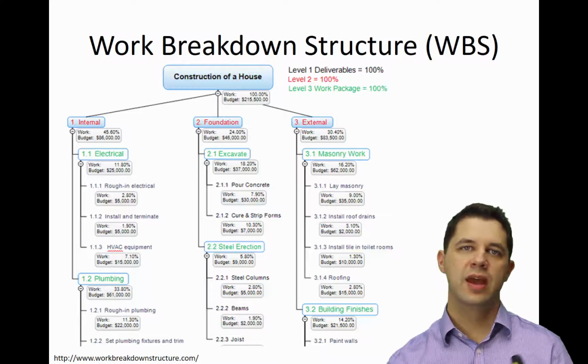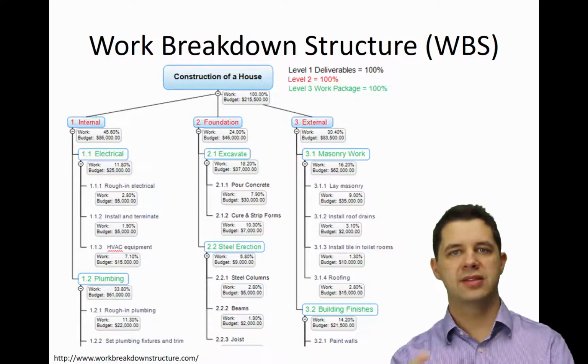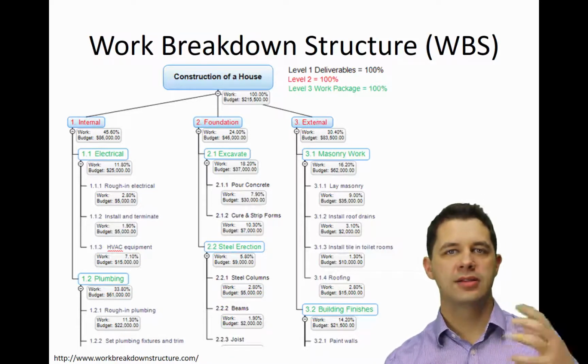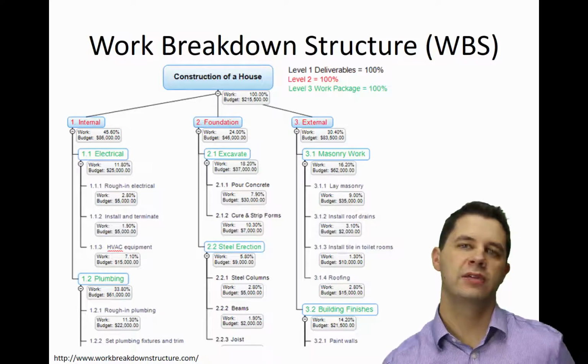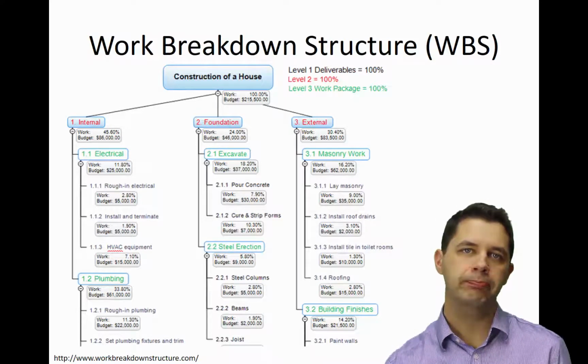All of these things could be covered and encapsulated under a work breakdown structure, and can allow you to farm off work to other subcontractors, for example, this subcontractor is going to be looking after this section, and this subcontractor is going to be looking after this section.